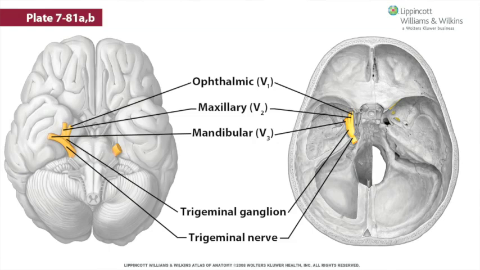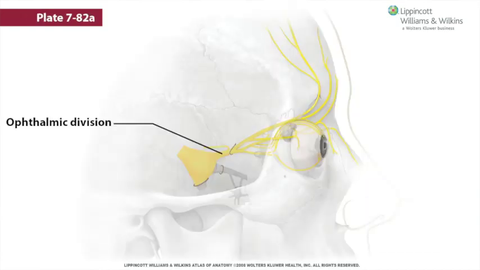The motor root passes inferior to the ganglion without synapsing and follows the mandibular division, the only division carrying motor fibers. The ophthalmic division runs in the dura mater of the lateral wall of the cavernous sinus.